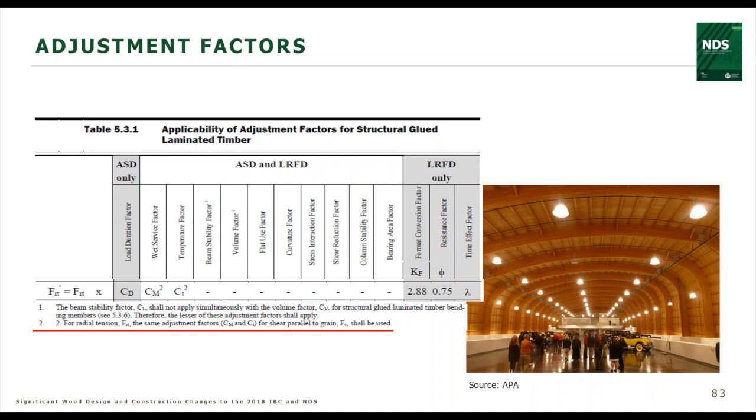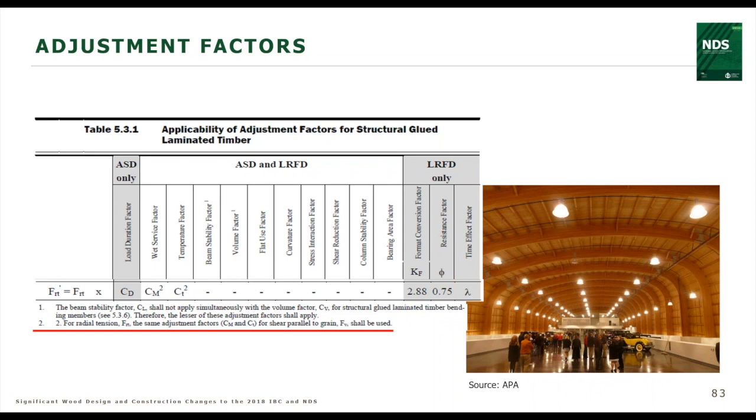The only change we really see in table 5.3.1, again our adjustment factor table for glue laminated timber, is that we added a footnote to clarify that the adjustment factors C sub M, your moisture factor or wet service factor, and C sub T, your temperature factor, shall apply for shear parallel to grain and should be used to adjust the reference radial tension, which is the F sub RT value.